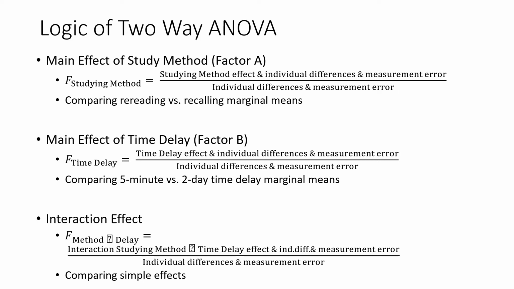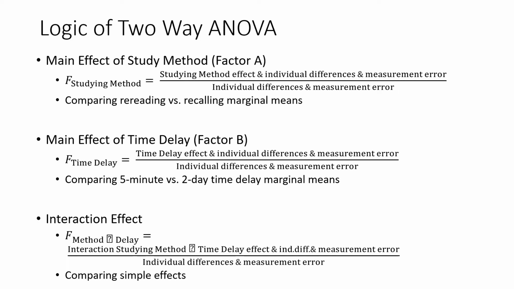The interaction is often the most interesting effect that you're interested in studying when you do a two-way ANOVA. It's exploring the possibility that maybe the answer of which studying method is the best depends on another factor. So maybe if you're going to take a test in 5 minutes, a certain study method would be better.